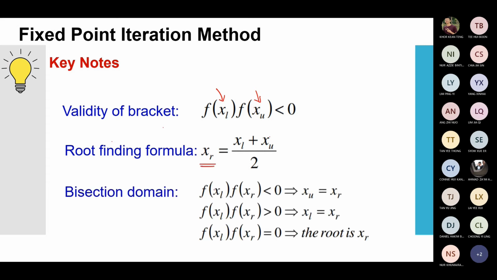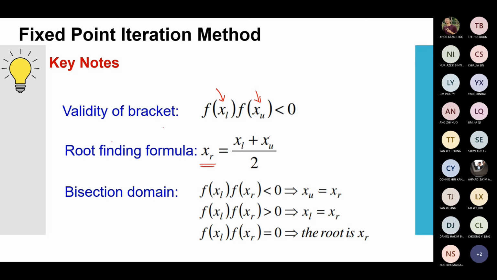Next, in the bisection domain, every time you substitute XR, the new root, you need to check the condition. For example, the lower boundary multiplied by the new value, XR, after substituting into the function. If it gives you less than 0, then you need to update the upper value.